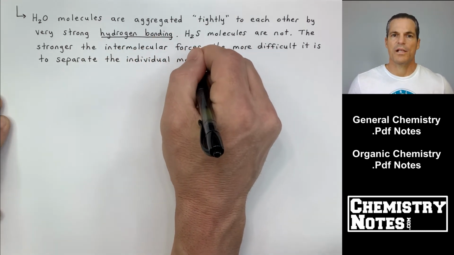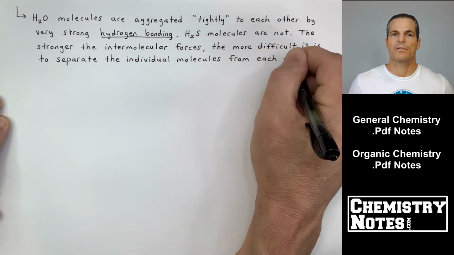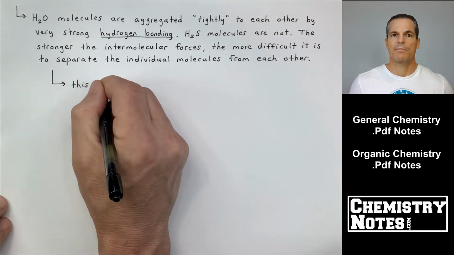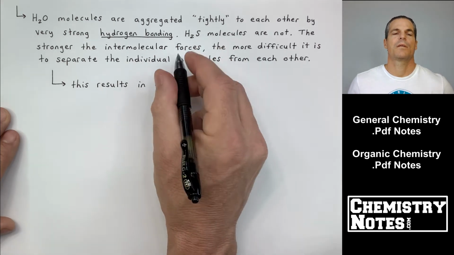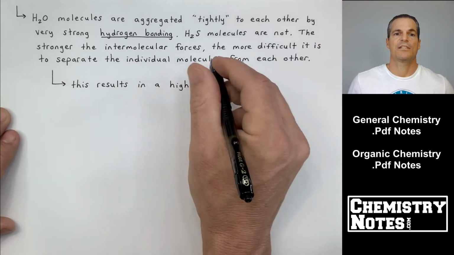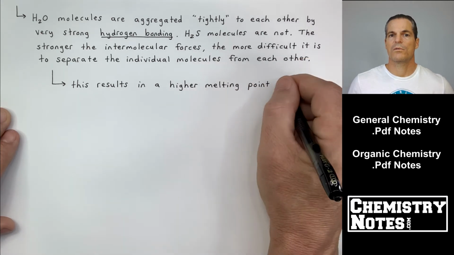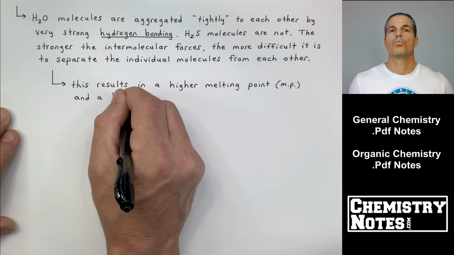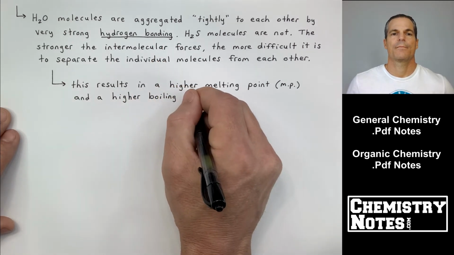The stronger the intermolecular forces, the more difficult it is to separate the individual molecules from each other. And by separate, I mean maybe we're melting or maybe we're boiling. So this results in a higher melting point and a higher boiling point for H2O relative to H2S.